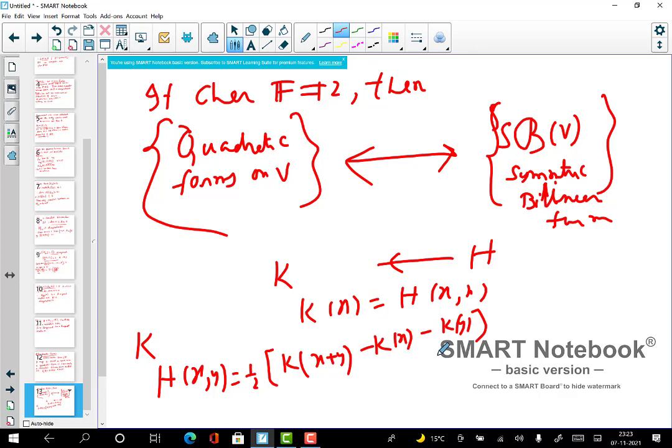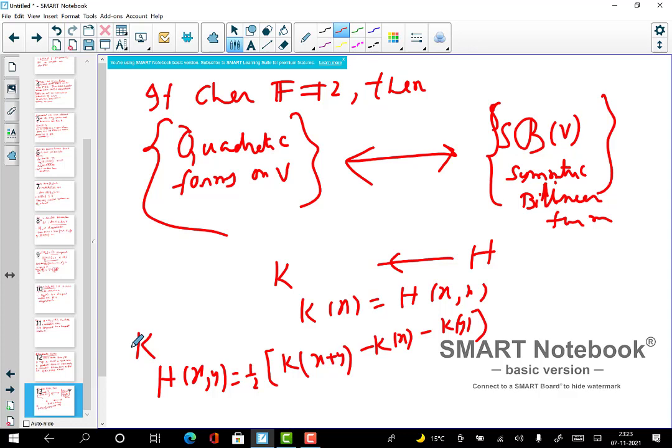This is the bijective correspondence. So if the characteristic is not equal to 2, quadratic forms correspond bijectively to the symmetric bilinear forms.